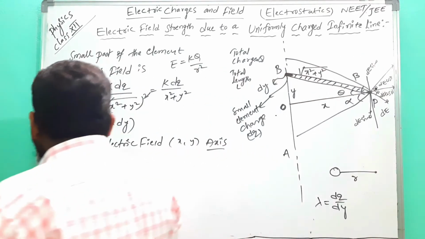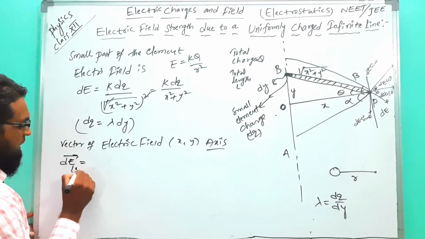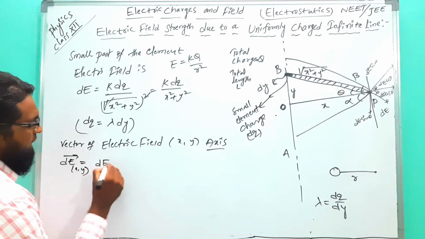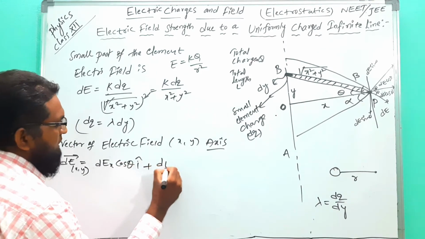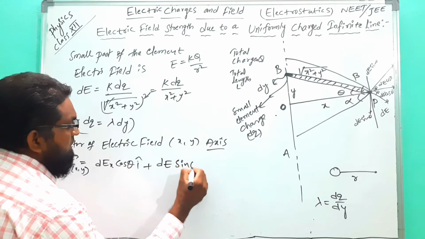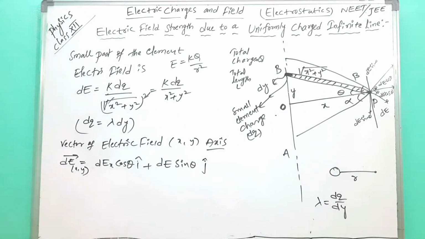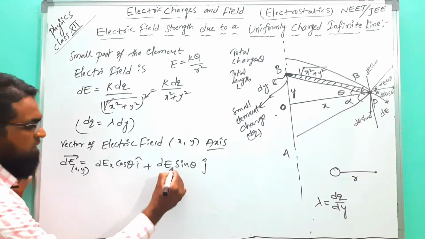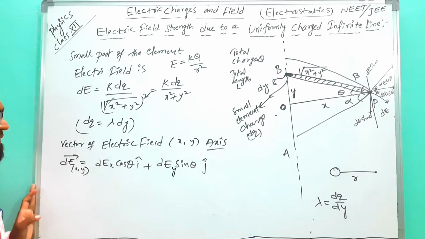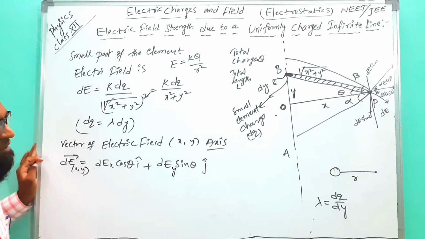Now the electric field, see here, dE vector equals dE cos theta i cap plus dE sin theta j cap. Okay, this is the vector form of the electric field, with x and y components. Next, we know cos theta and sin theta values are not yet derived.